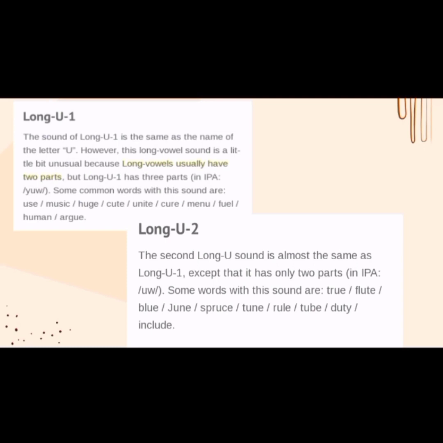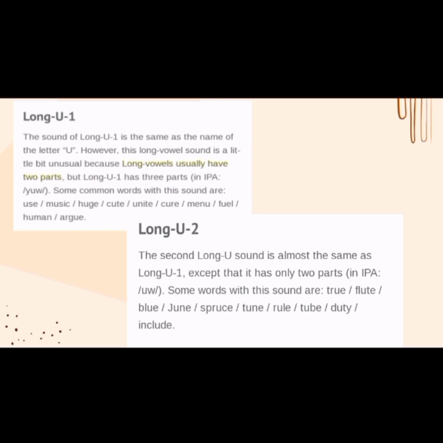Some common words with this sound are use, music, huge, cute, cure, menu, fuel, human, and argue.